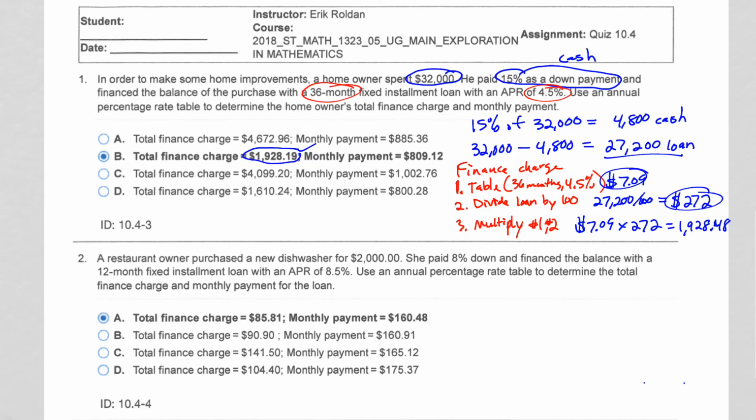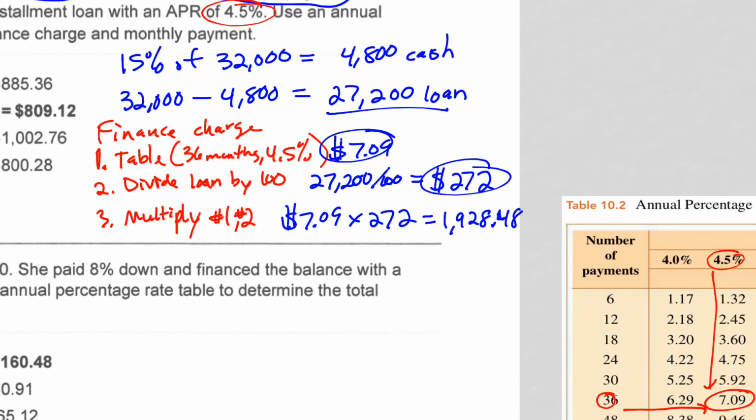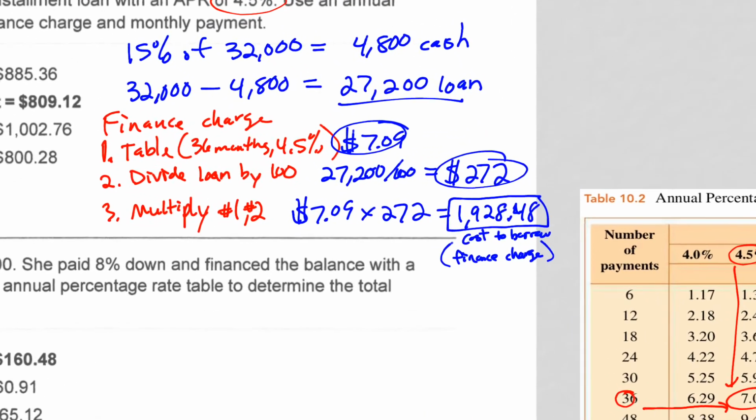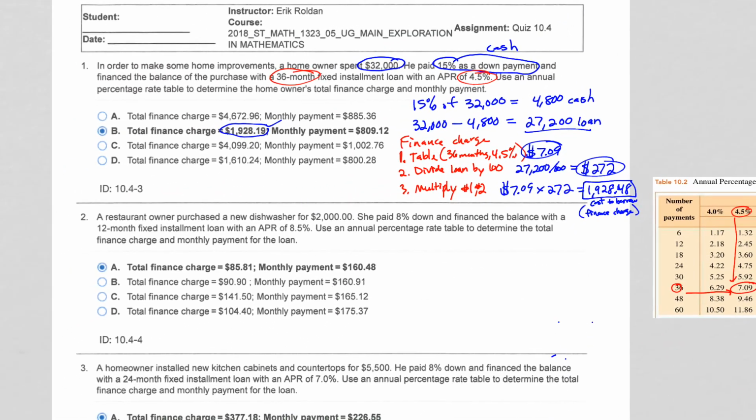Well, let's just do this. So this is how much it costs. Okay, this is the cost to borrow, or the finance charge. Okay, so that is an extra cost on top of your loan. So you've got to add this to your loan.